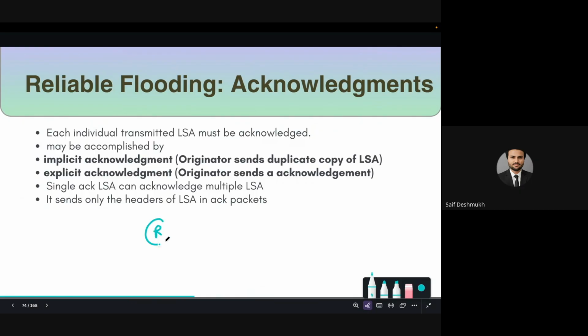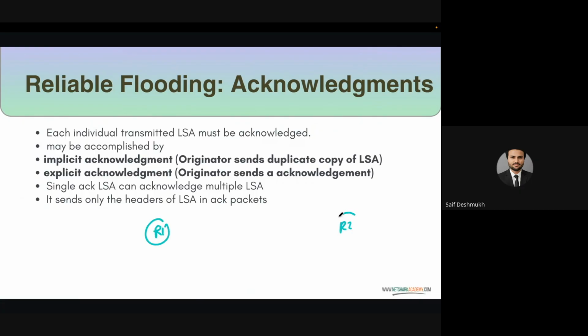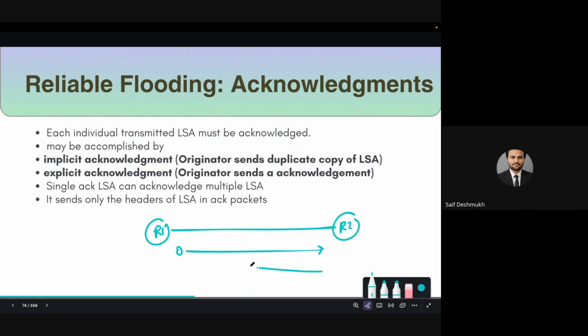So here we have router 1, and here we have router 2. Now router 1 has sent an LSA. Now router 2 has its own information, and it's simply dumping back its own information.